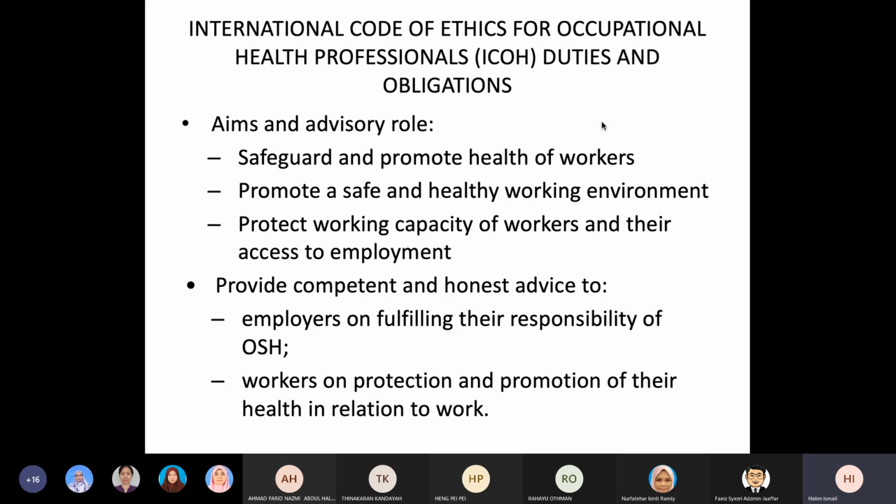Provide competent and honest advice to employers on fulfilling their responsibility of safety and health elements, and to workers on protection and promotion of their health in relation to work. So it's very important that we provide competent and honest advice to the employer to make sure that the workers' safety and health is important despite whatever hazard that they are facing in the workplace.